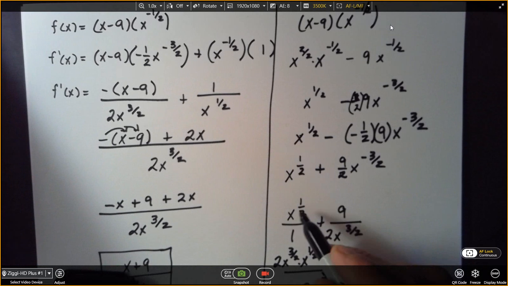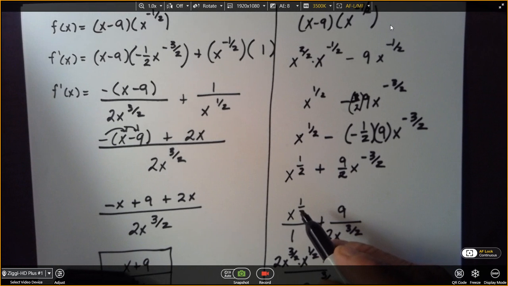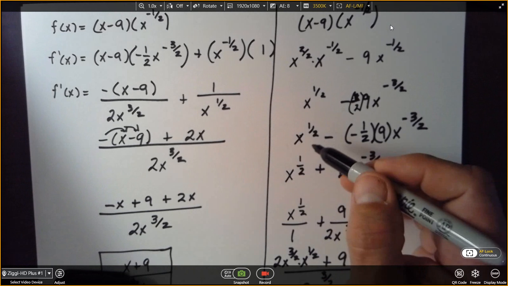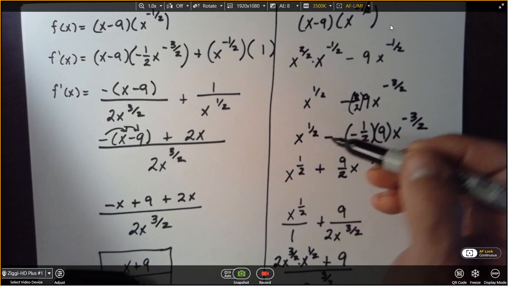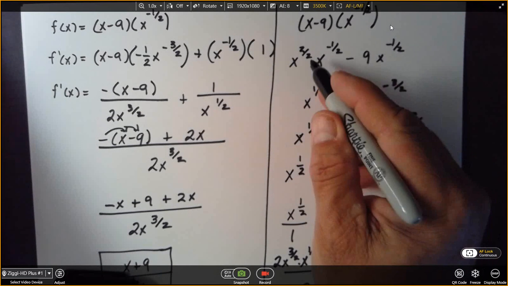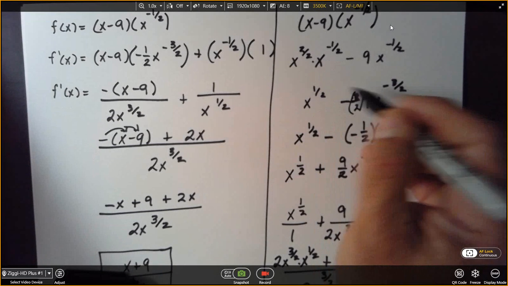This is supposed to be 1x. Oh, I know where I've gone wrong. I forgot to take the derivative right here.